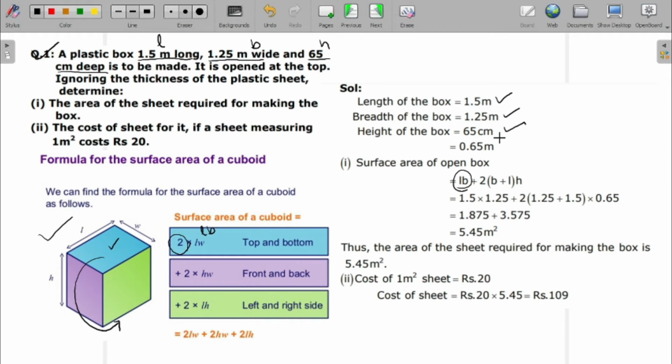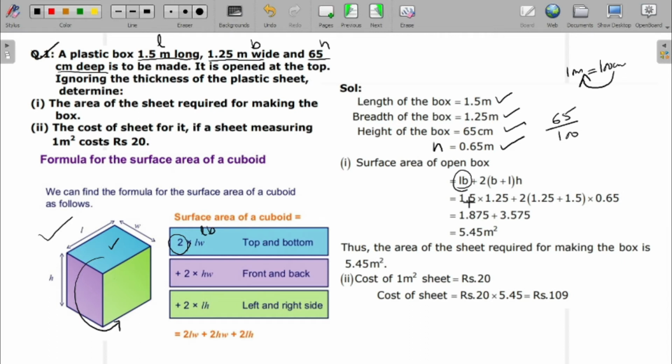Since this is in centimeter, we have to convert into meter, dividing 65 by 100, as in 1 meter we have 100 centimeter. Whenever we are moving from a lower unit to a higher unit, we need to divide. If we divide, we get 0.65 meter as the height.